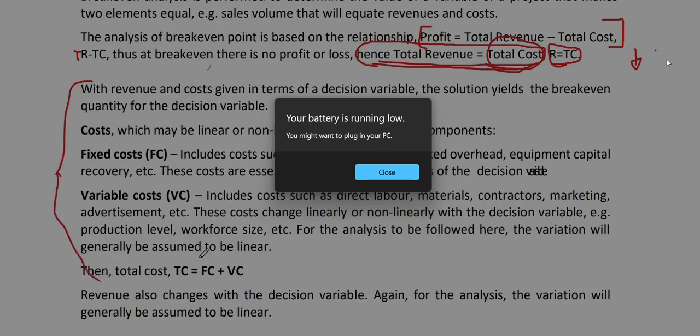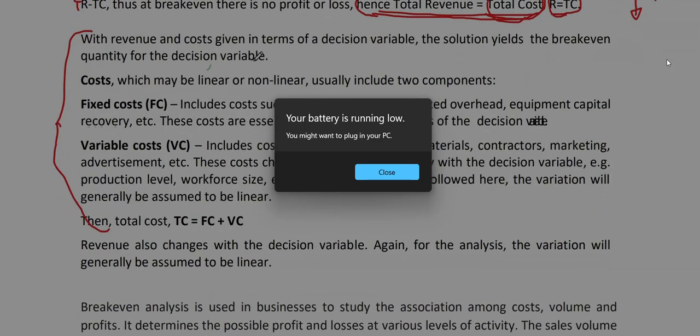So it says with revenue and costs given in terms of a decision variable, the solution yields the break-even quantity for the decision variable itself. Costs, which may be linear or nonlinear, usually have two components. By linear and nonlinear, we simply mean when two things have a linear relationship, the relationship can be described by a straight line.